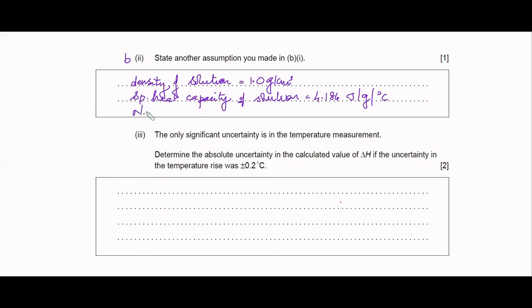So no loss of heat energy to the materials of the calorimeter. Then another assumption we are making is that the reaction is going to completion. The complete reactant we are using is reacting away.